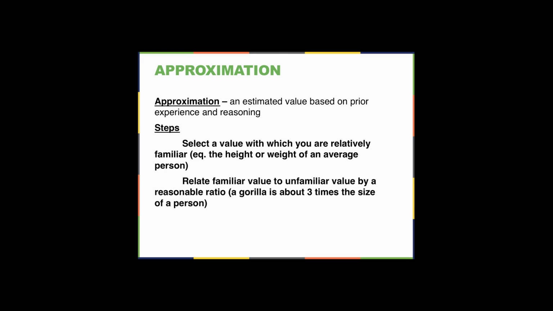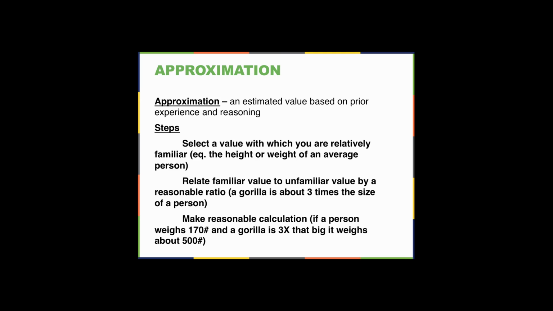For example, if you're trying to estimate the weight of a gorilla, you would say that gorilla is about 3 times as big as a person. You know that a person weighs a certain amount, and you use that relationship to estimate the weight of the gorilla. So the gorilla is about 3 times as big as a person, and people weigh about 170 pounds, and so that gorilla must weigh about 500 pounds. So that's how we do approximations.